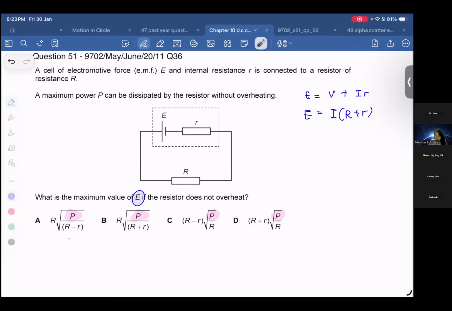Don't confuse. I have the capital letter R and the small r. But the problem is I cannot find any I in my A, B, C, D options.